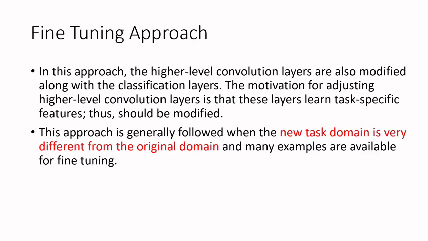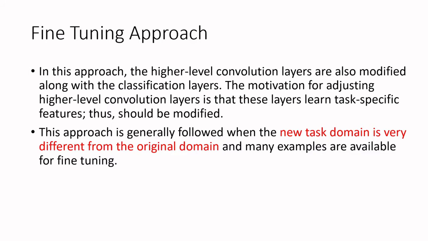Again, the basic idea behind transfer learning, whether you're following the feature extractor approach or fine-tuning approach, is that these networks that are trained, like AlexNet or VGG or ResNet or any other net, at lower convolution layers, they try to capture features from images that are fairly generic.